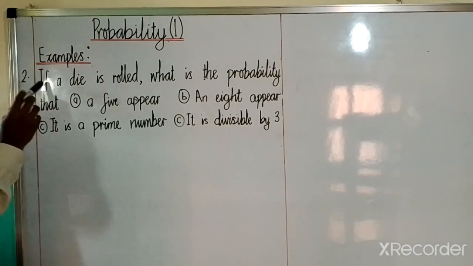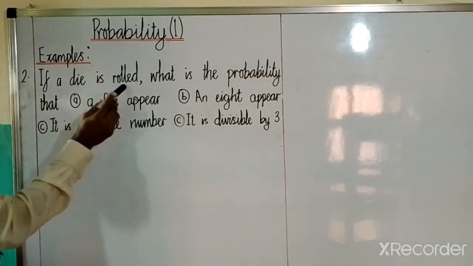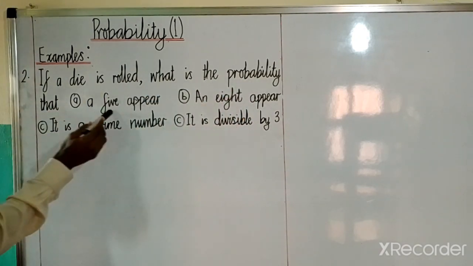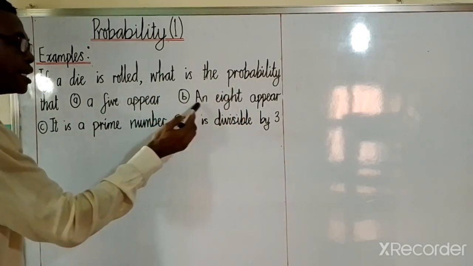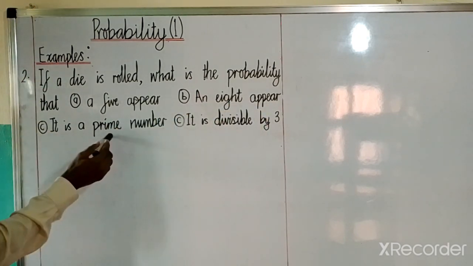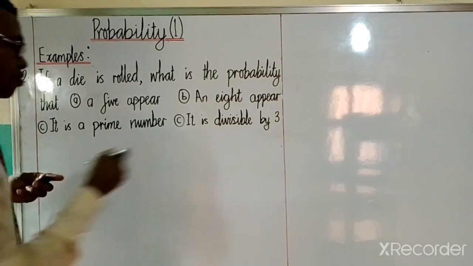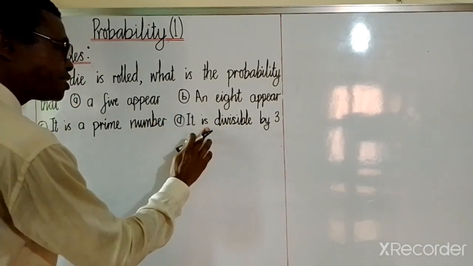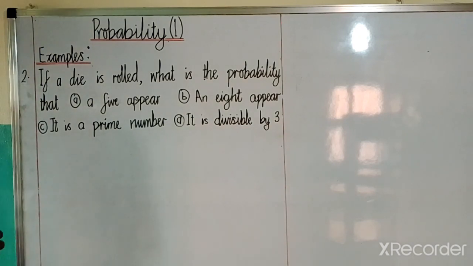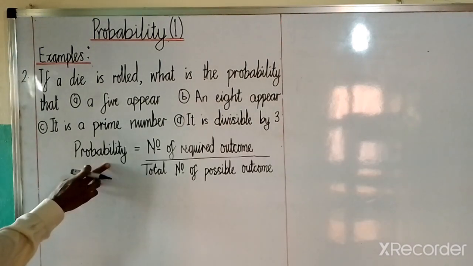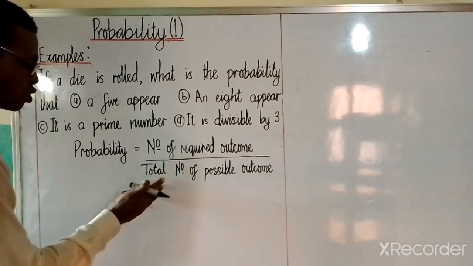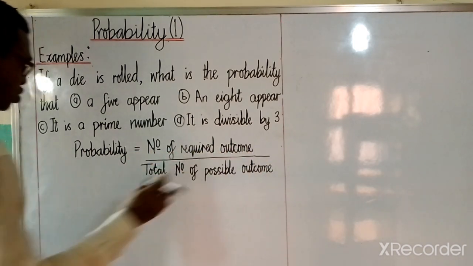Example 2. If a die is rolled, what is the probability that A, a 5 appears, B, an 8 appears, C, it is a prime number, then of course D, it is divisible by 3. Probability is number of required outcomes over total number of possible outcomes.